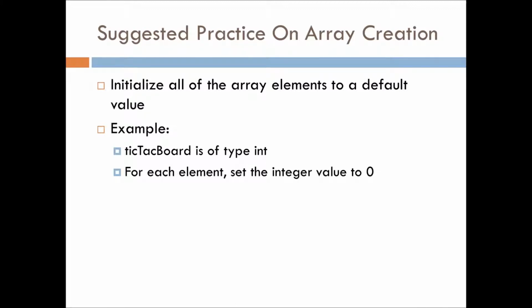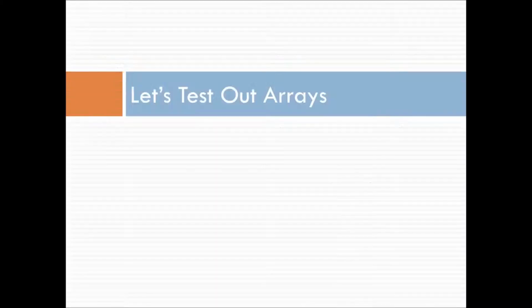So tic-tac board, we have that as type integer. For each element from 0 to 8, we'll go through and assign it 0. You can see where while loops will be needed for that, since we'll be iterating through, going next step, you need to assign a 0, next step, and so on and so forth.